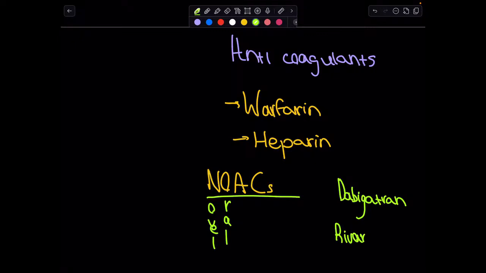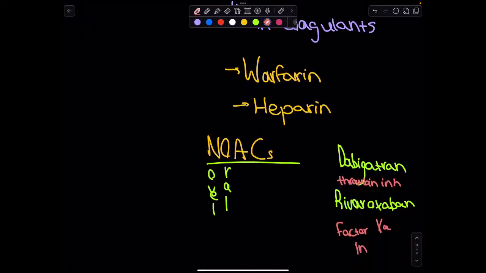What is this dabigatran, rivaroxaban? Dabigatran is a direct thrombin inhibitor, while rivaroxaban is a direct factor 10A inhibitor. Both are NOACs used to prevent and treat blood clots, such as in atrial fibrillation, deep vein thrombosis, or pulmonary embolism. Interesting.